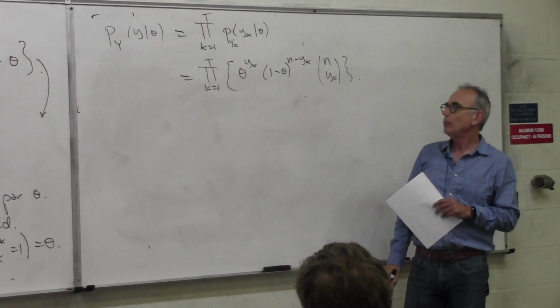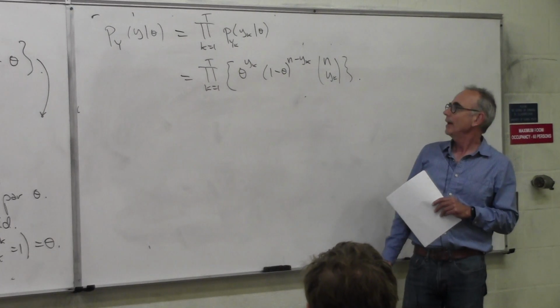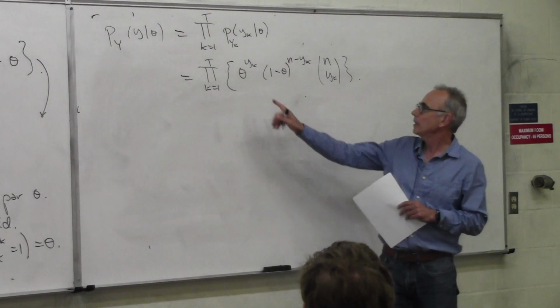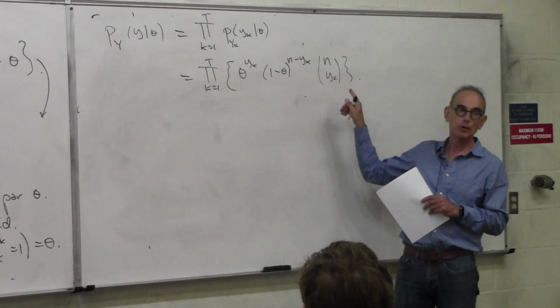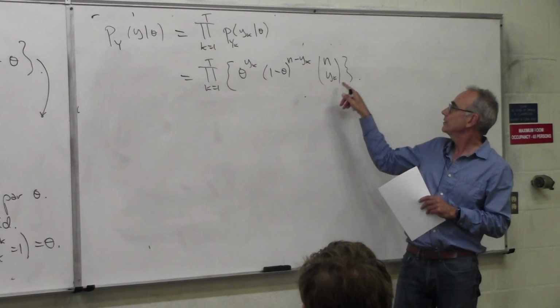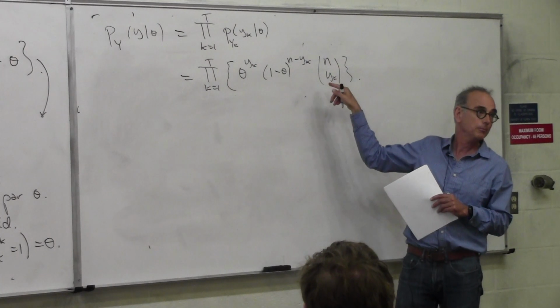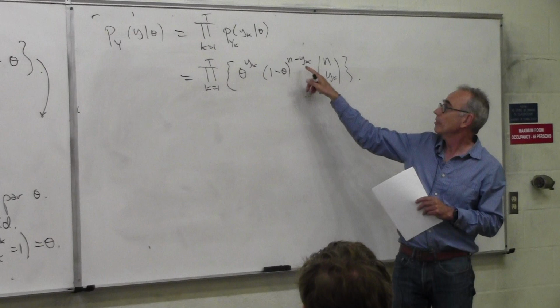And what are you going to do now? Well, it's a big product. So you can imagine I've got a product of these guys, a product of these guys, and a product of these guys. These guys don't depend on theta, so I don't really care about them. But here I'm summing things up.